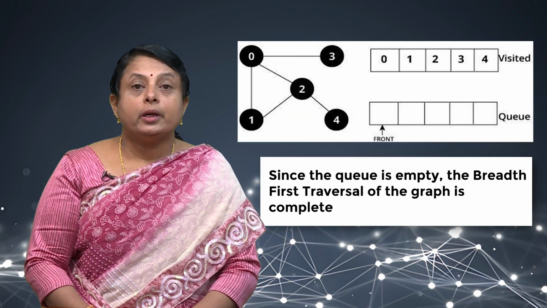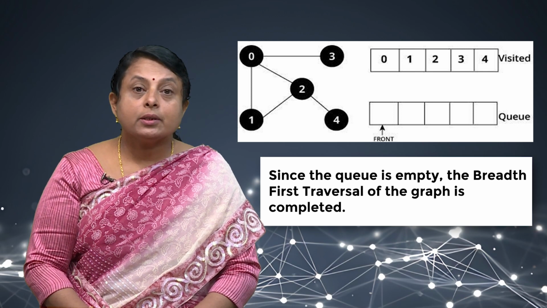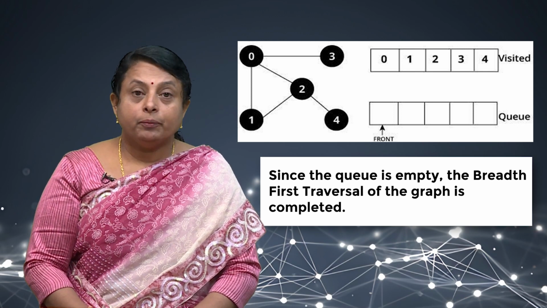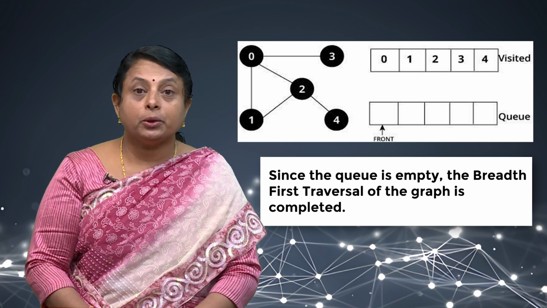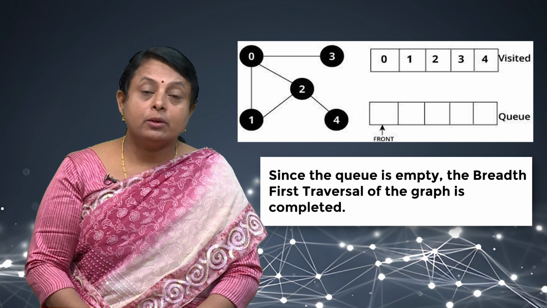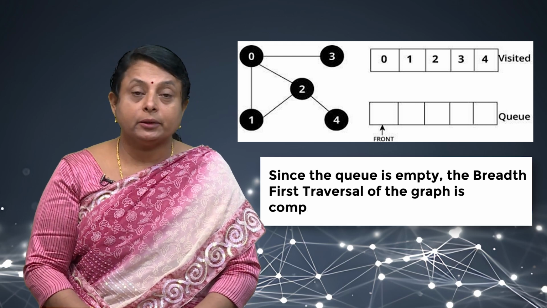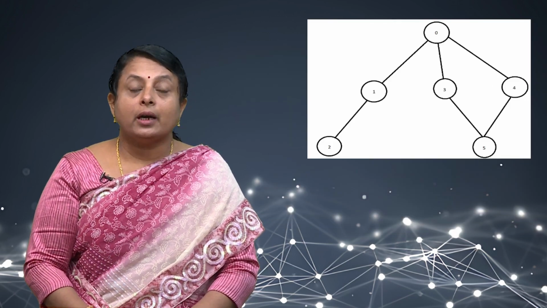Now, 4 is put in the visited list, making the queue empty. And now, since the queue is empty with no elements present in the queue, the breadth first traversal of the graph is completed. Let us consider another example.